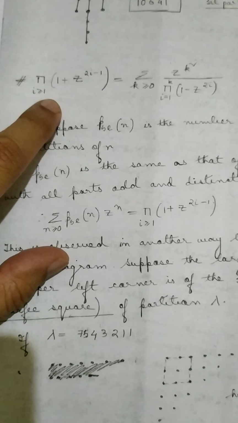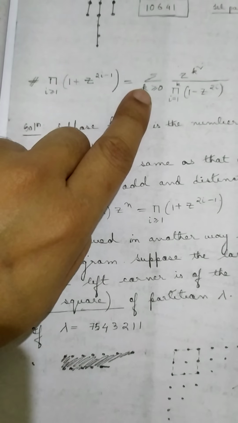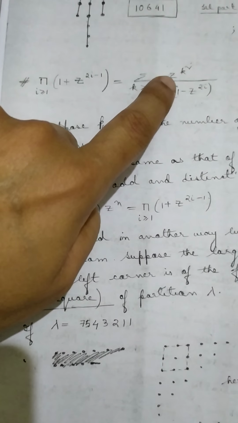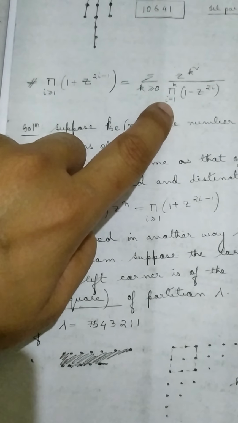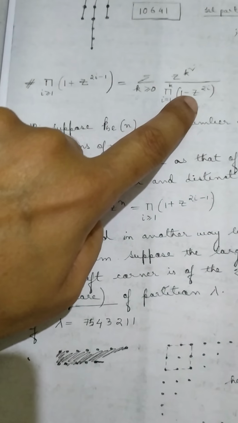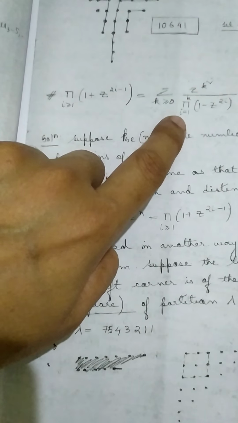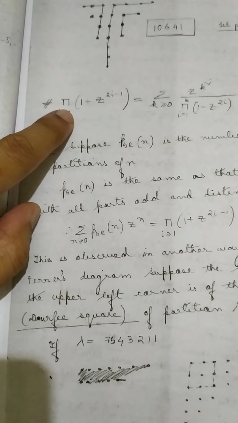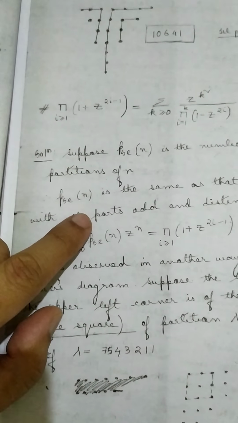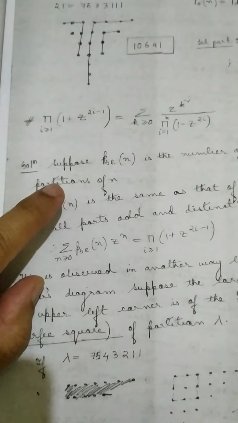The product over i greater than or equal to 1 of (1 plus z to the power 2i minus 1) is equal to the summation over k greater than or equal to 0 of z to the power k square divided by the product of (1 minus z to the power 2i) from 1 to k. So this is the question. This product is equal to this sum, and we are going to establish this result.